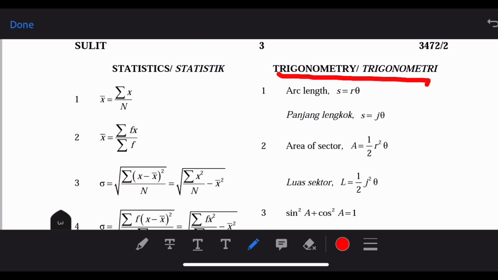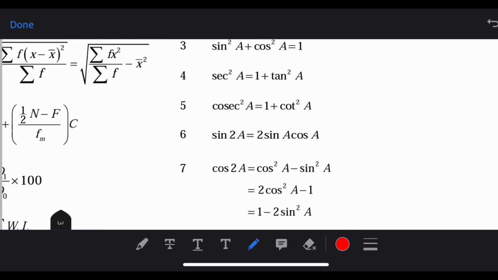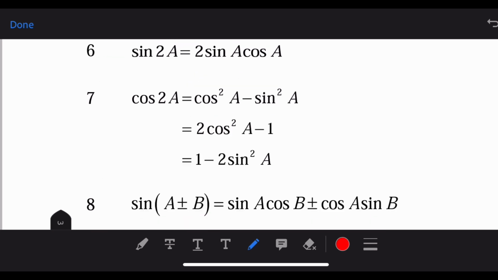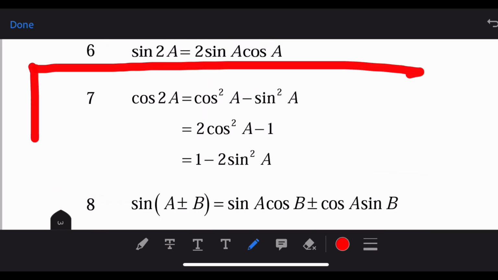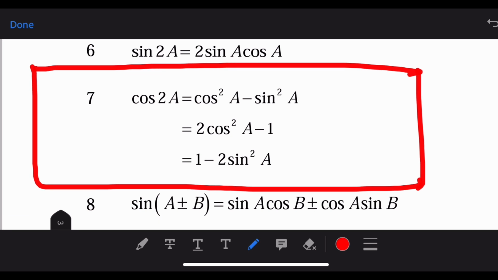So you just refer to the trigonometric formula. You will see a list of the formula given. Number 7 is very important. You choose number 2 because for cos 2A, you have 3 formulas.